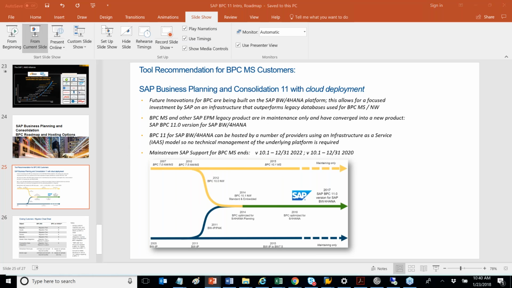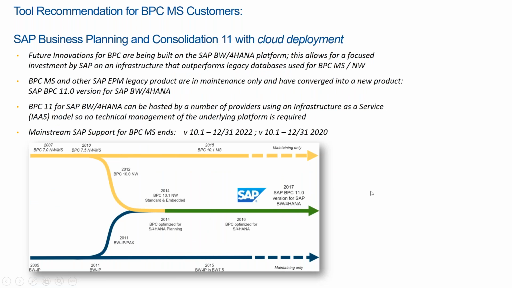For the legacy customers, I am going to cover this quickly for you. So this on the bottom is a screenshot of SAP's roadmap. Just to reiterate, I think I covered it a little bit earlier, but SAP's go-forward BPC solution, that they're continuing to invest a lot in, runs on their SAP BW for HANA platform only.